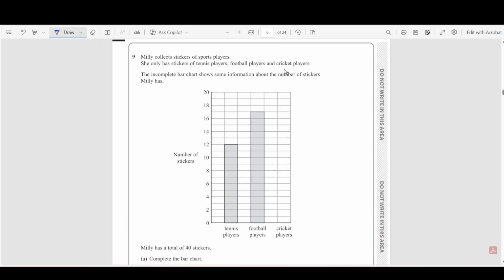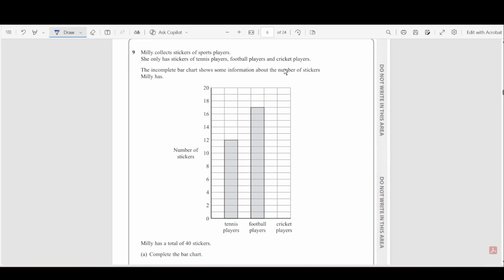Now we need to do question number 9. So there we have a bar graph, right? And it says Millie collects stickers of sports players. And then she only has stickers of tennis players, football, and cricket, right?